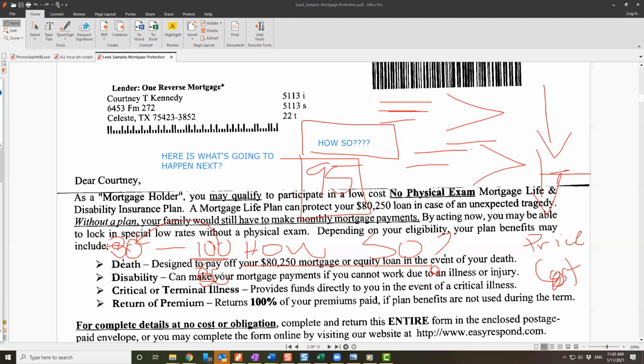Talking about money, talking about dollars, right? But the cost is, do you have a company that will pay your claim if something happens to you? That is the cost of opportunities lost.